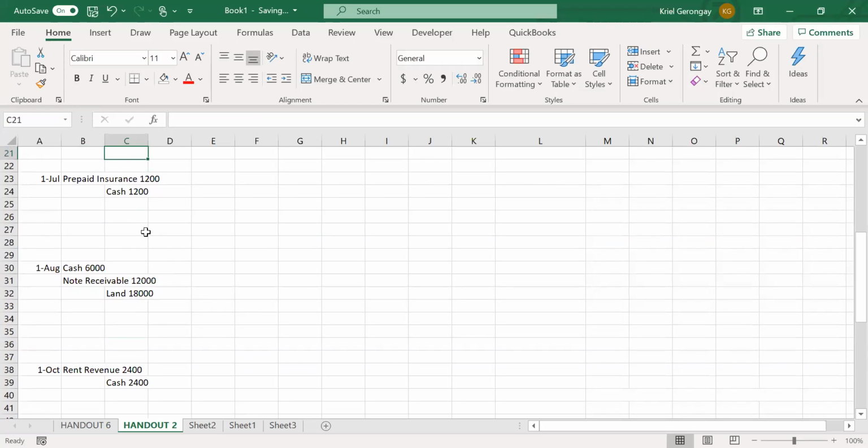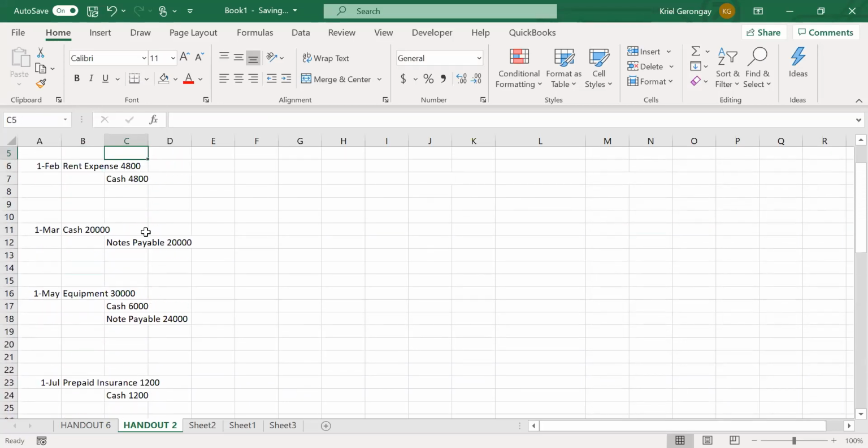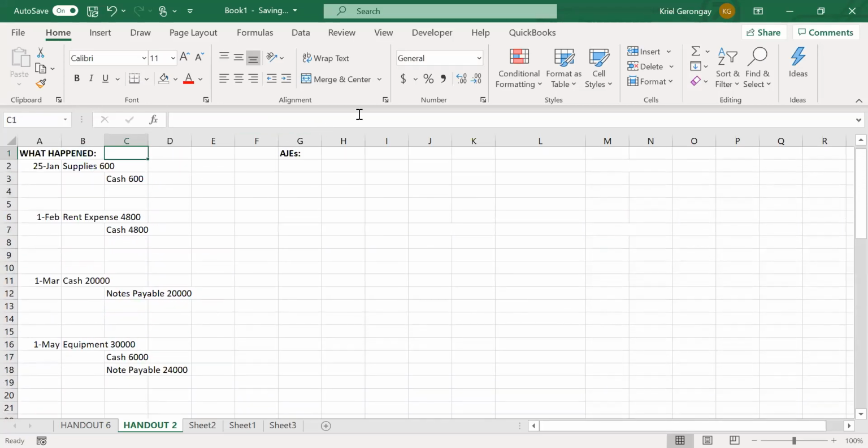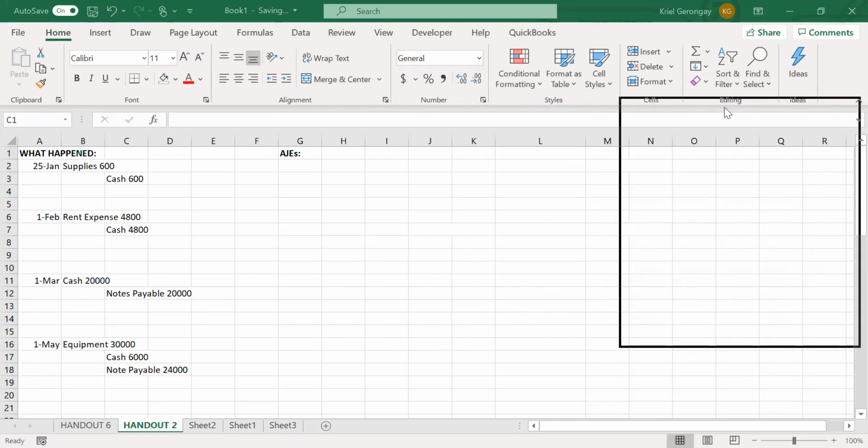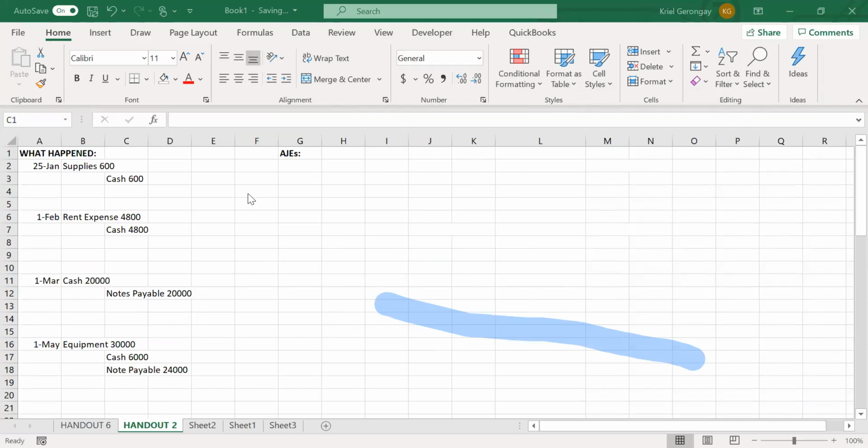Now we're going to move on to the bottom portion, which is the adjusting journal entries. For those of you who just came in, right now we're going to do the adjusting journal entries, which would be your final answer for your exam.